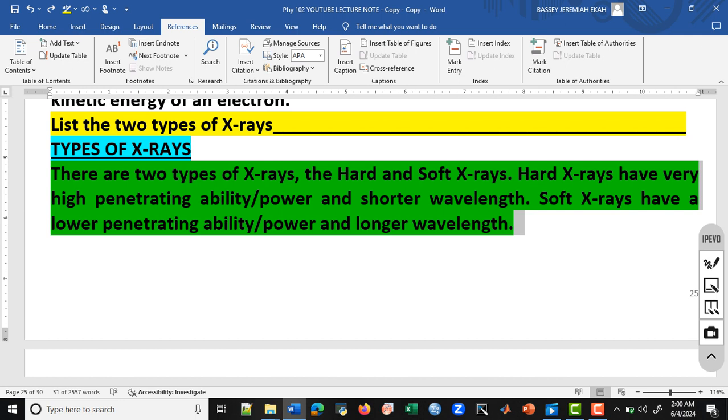Hard X-rays have very high penetrating ability and short wavelength. Soft X-rays have a lower penetrating ability and longer wavelength.